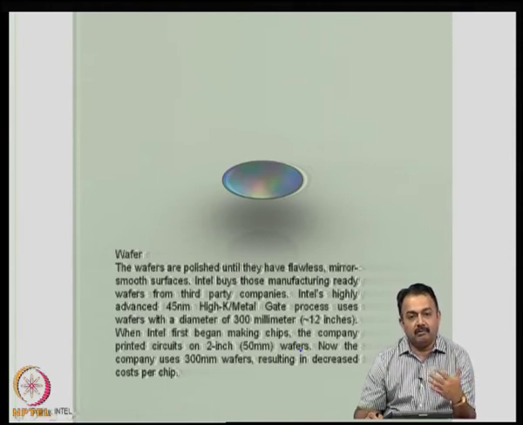There could be companies in this industry which specialize in the crystallization process, getting the ingots made to the required sizes and diameters, slicing them into wafers, and then distributing these wafers to chip manufacturing companies like Intel or AMD and so on. That is the point I want to make here.